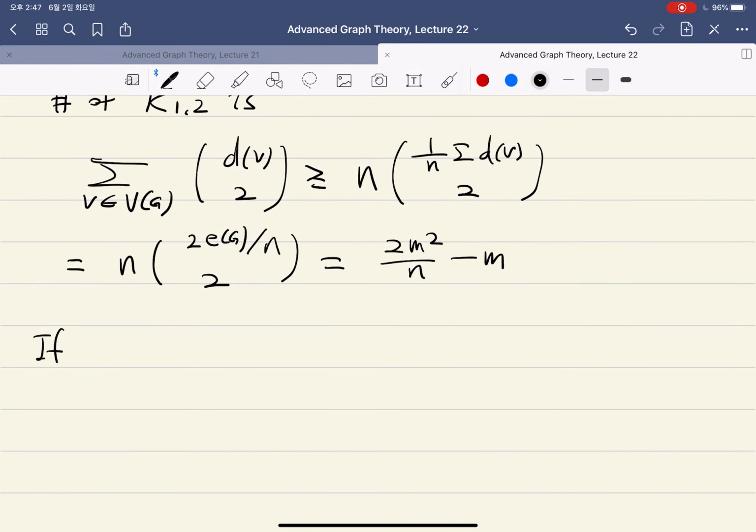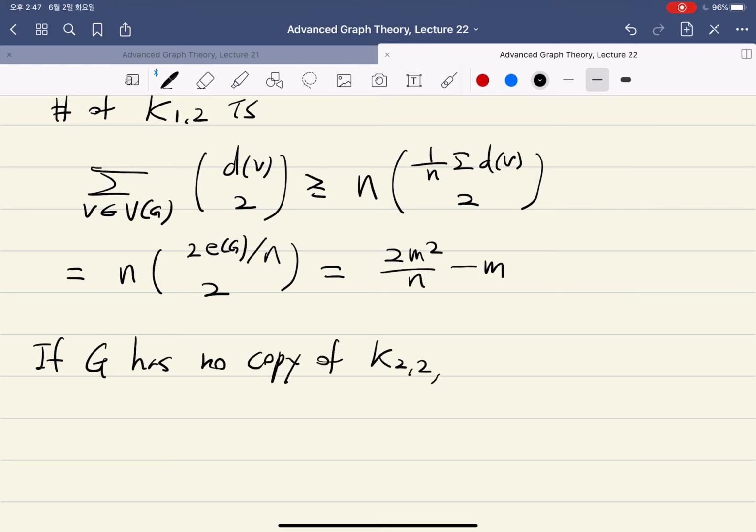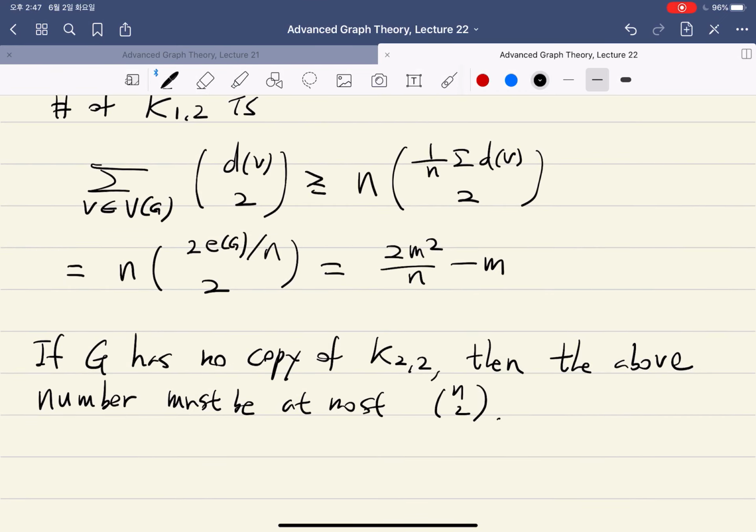So why did we count this K_{1,2}? It is because two copies of K_{1,2} put together is the same as K_{2,2}. So if G has no copy of K_{2,2}, then the above number must be at most n choose 2, because for each copy of K_{1,2}, we count the U and V. We write this U and V, this set.